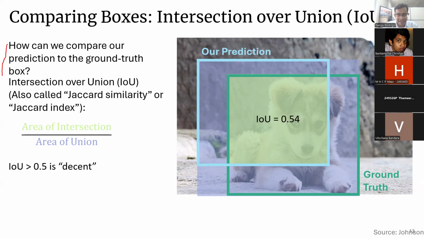Here you can see our prediction, the light blue one, and the green one, the ground truth. That's a ground truth box that is given in the data set. In the data set you have the center and the width and the height, so the prediction will also predict those numbers. And then you can see the intersection over union here is about 50% overlap.